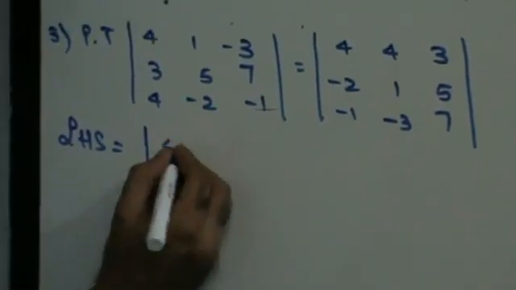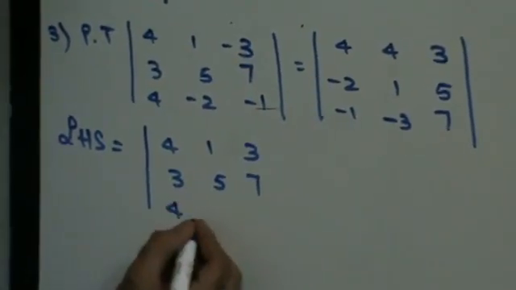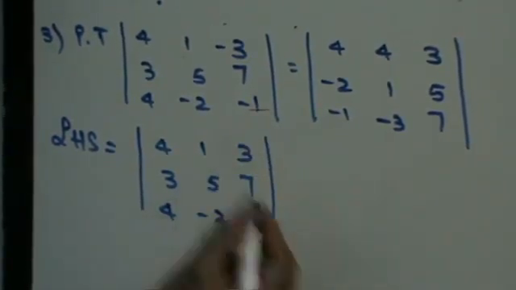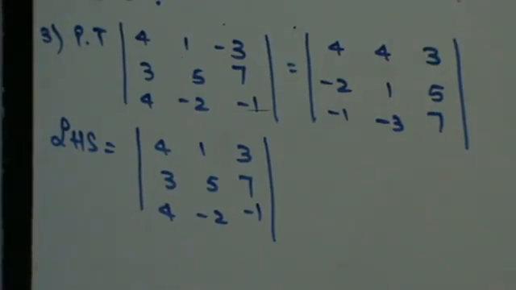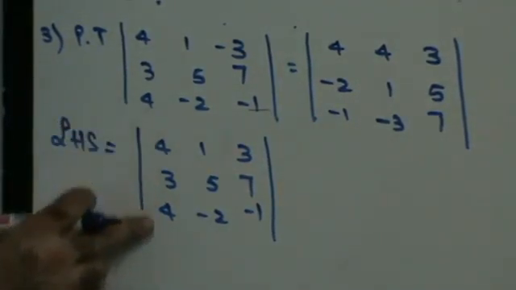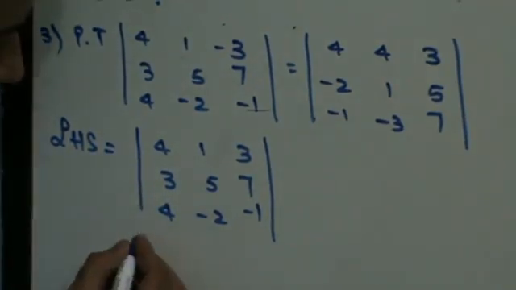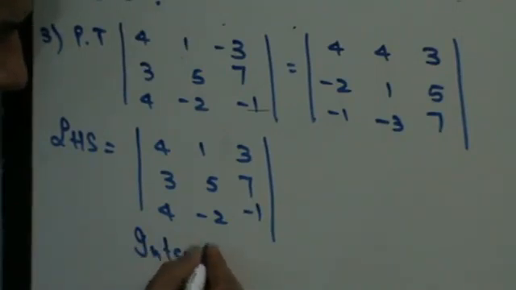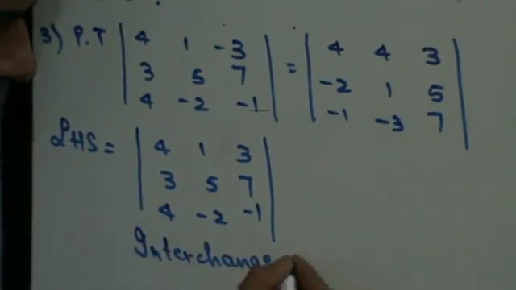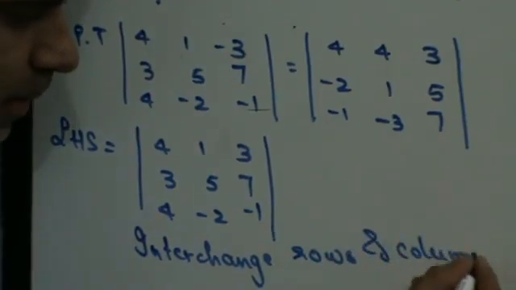LHS: 4, 1, 3; 3, 5, 7; 4, minus 2, minus 1. Now look at your RHS, I want 4, 4, 3. I have 4, 4, 3, but I want it in the row and I have it in the column here. So first thing I'm going to do is interchange rows and columns.